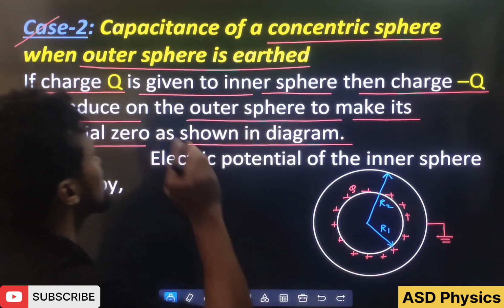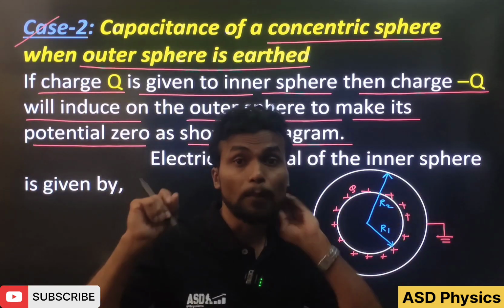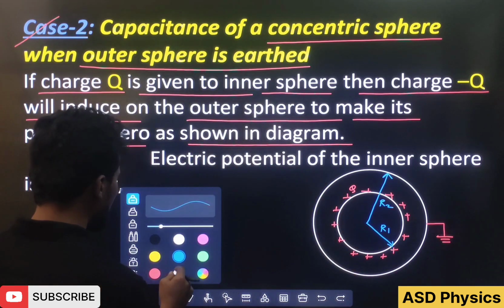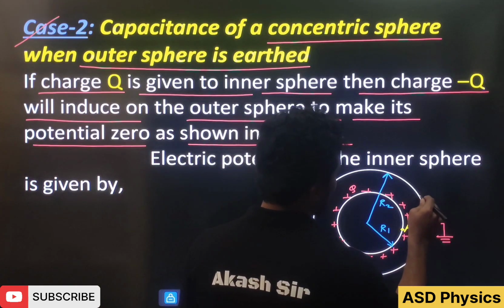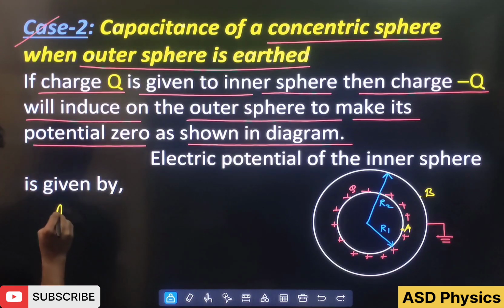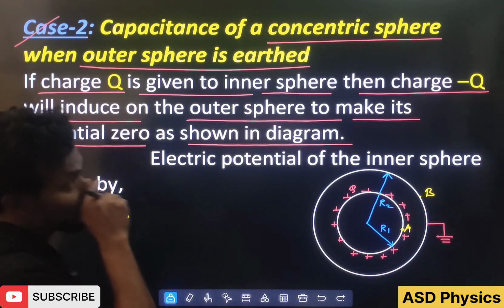Now what are we telling? Minus Q charge will be induced on the surface. That one we covered in a previous video, but still I will show you. Here I have taken potential A, and here potential B. At point B, I am going to tell you how the charge minus Q will come.